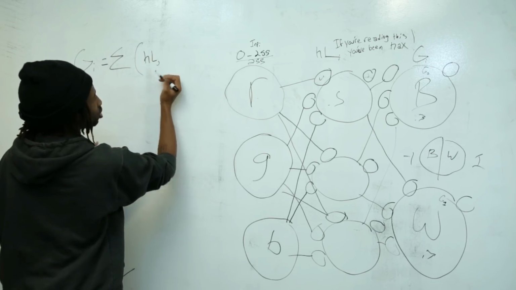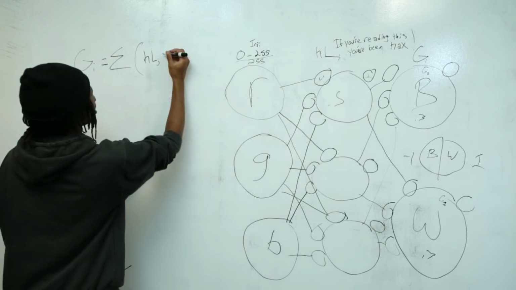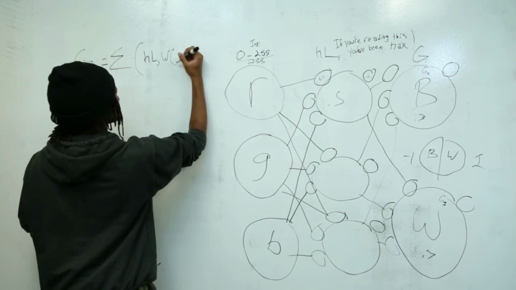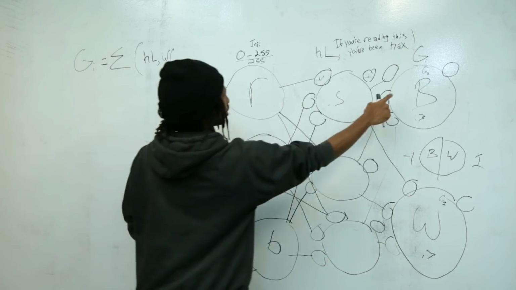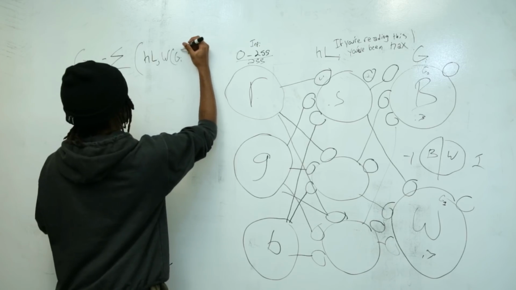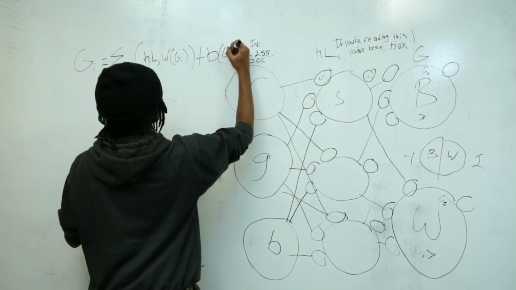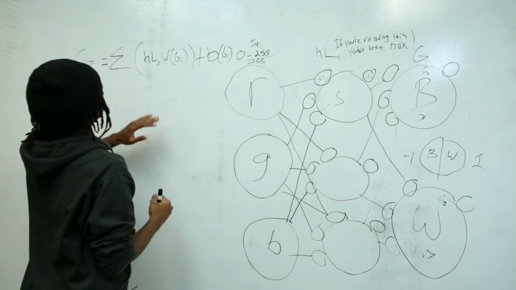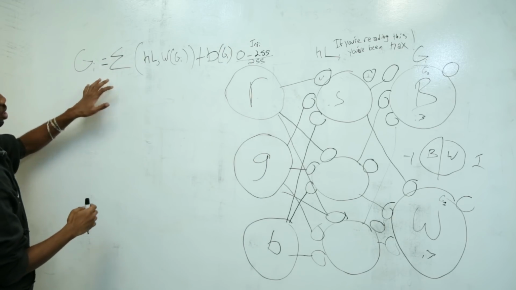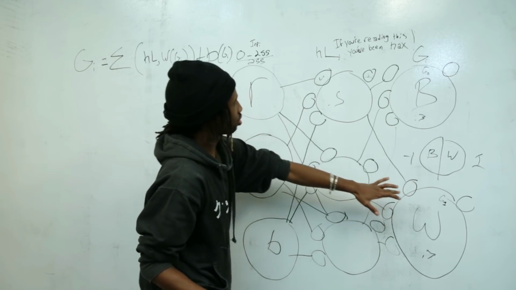So hidden layer of j, which is just going to be 0, 1, 2, times the weight of g of I. Right? And then we simply add our bias of g of I. And so this is the equation that we can use to compute each of our output nodes.